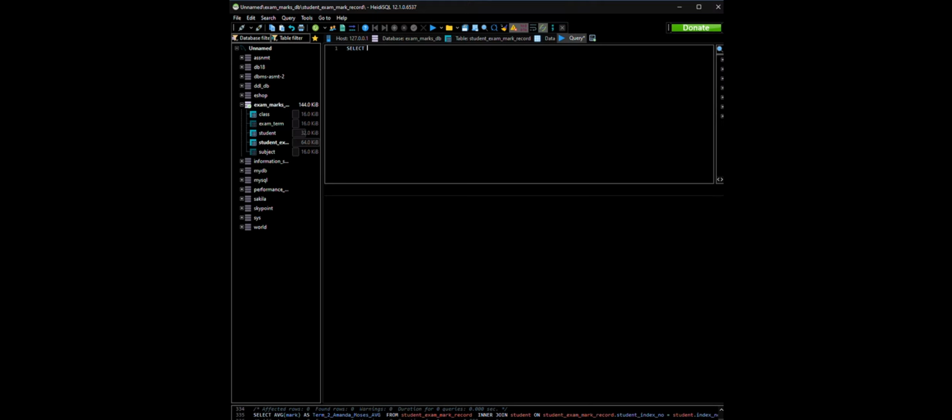So for this one we need to select the rounded average mark here, rounded off to 2 decimal points, as term 2 average mark.